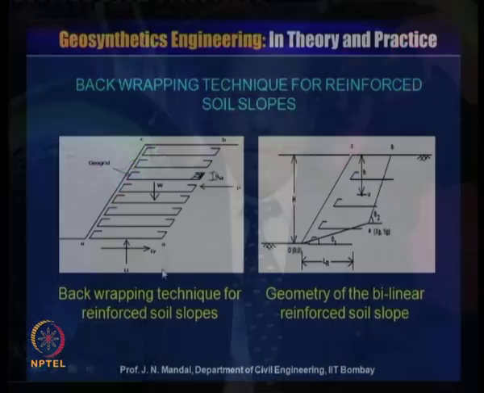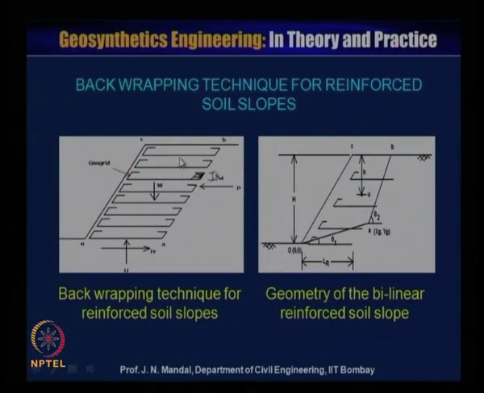You know what is two-way systems, the dual method is based on the two-way system, and this is the figure, the back wrap technique for reinforced soil slope, you can see here, and this is the geometry of the bilinear reinforced soil slope.